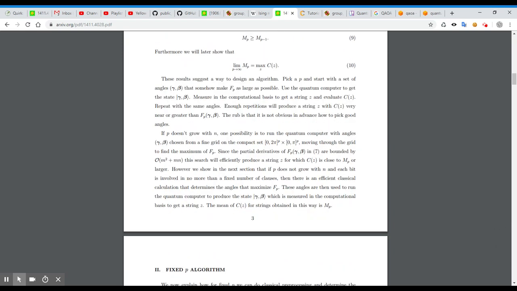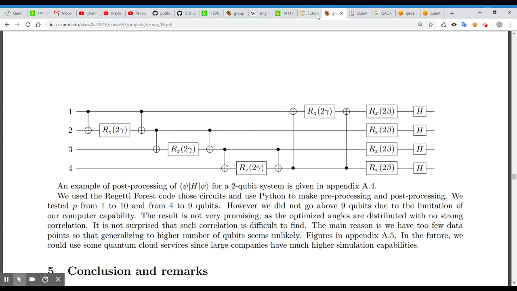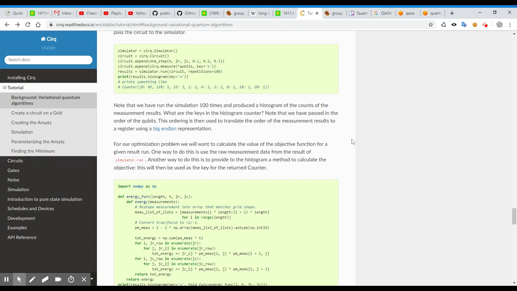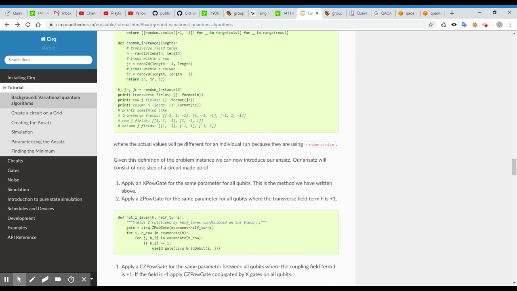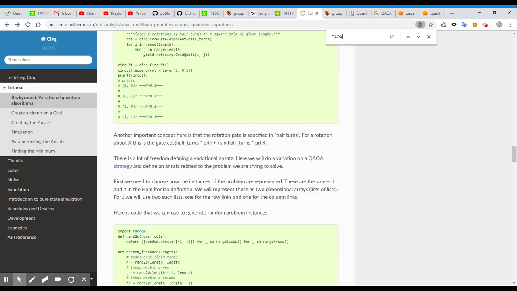So maybe that's what these guys mean here. They just mention a QAOA strategy for building the ansatz.